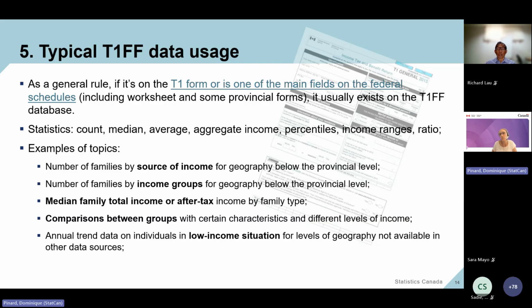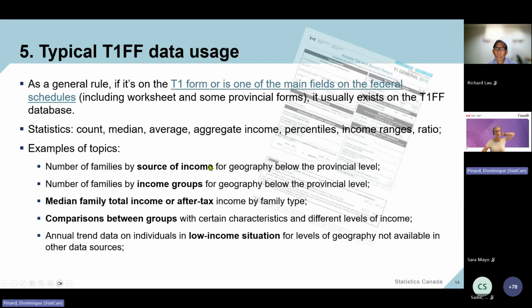I don't have the most recent number for 2023 from TIFF, but I'm pretty sure it's more or less in line with that. It was $470 in 2021 on TIFF. So there are differences between what's reported from a survey perspective versus what's reported on the T1 family file.